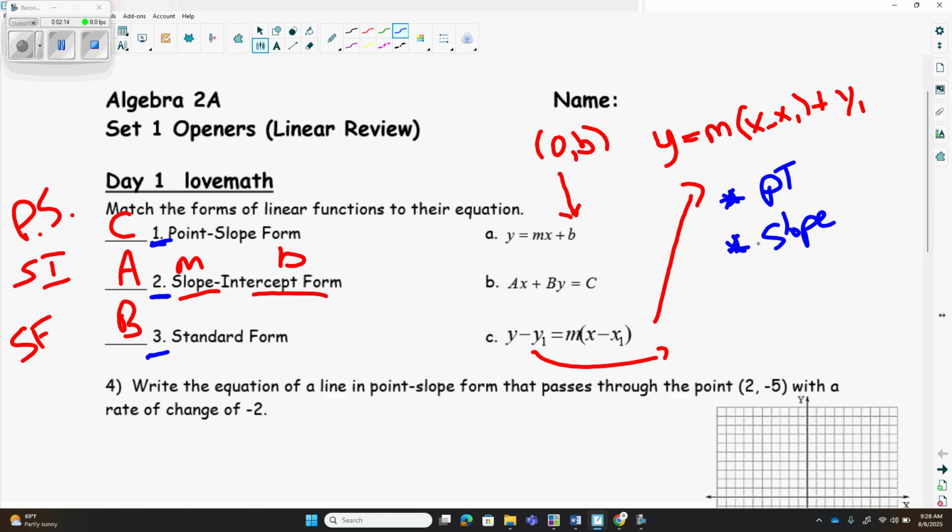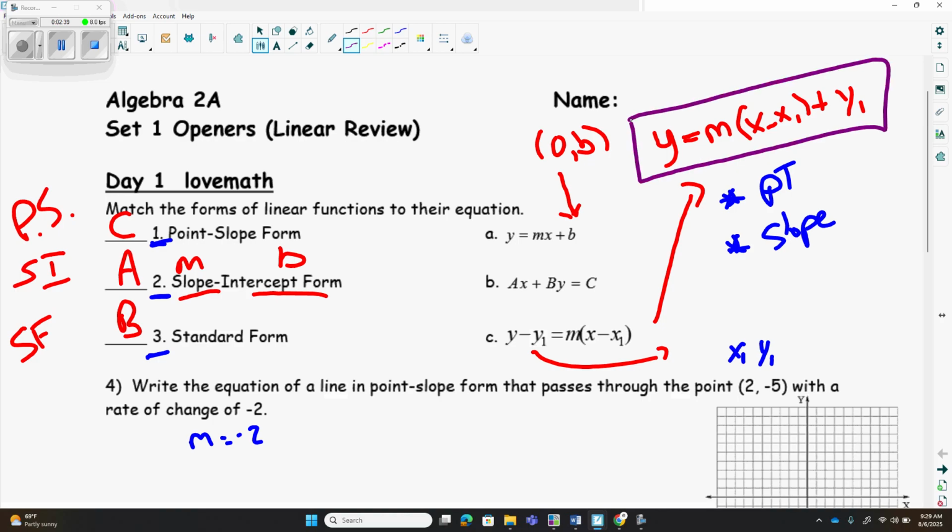All right, so write an equation in point slope form that passes through this point. Well, that point would be x1, y1, and then with the rate of change of -2. So m is equal to -2. Now I have a point and I have a slope, and again I'm going to use this equation.